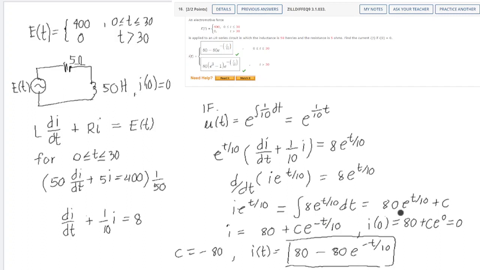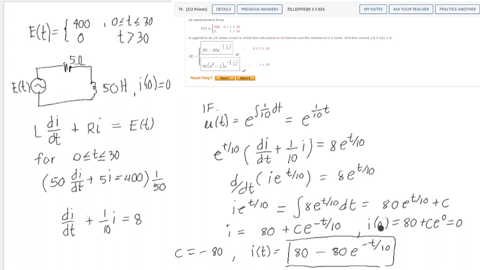Because if we divide by e to the t over 10, it cancels out, we have 80 here, and so we have c here, and we bring the denominator to the numerator and change the sign, negative t over 10.